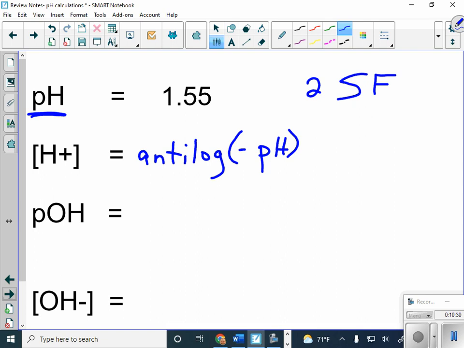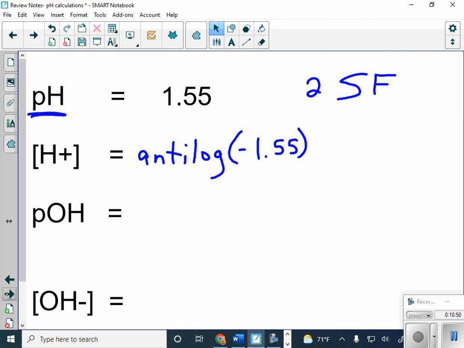Well, that's fine because I know that the pH is 1.55. So, my hydrogen ion concentration is going to be the antilog of negative 1.55.